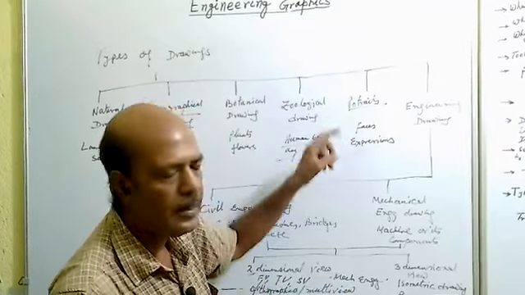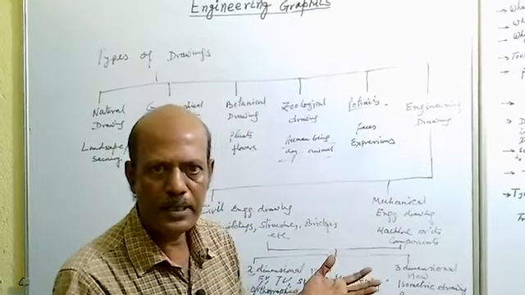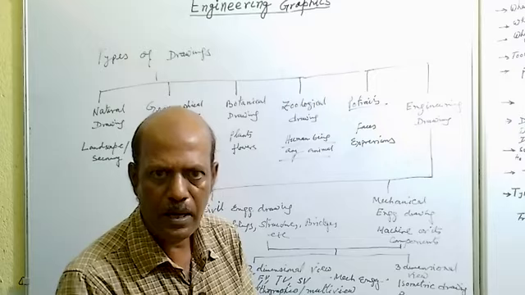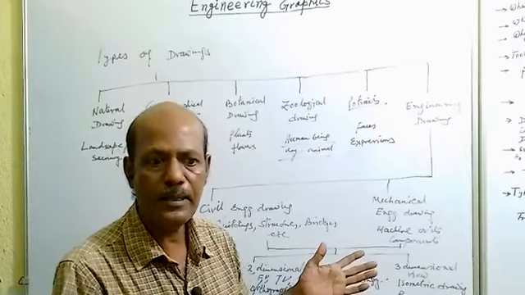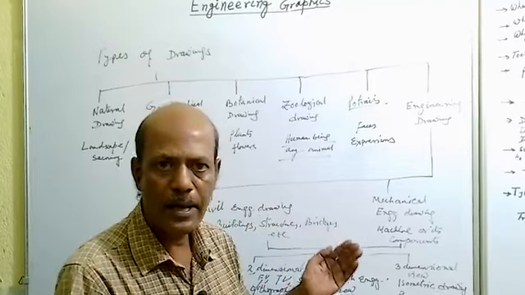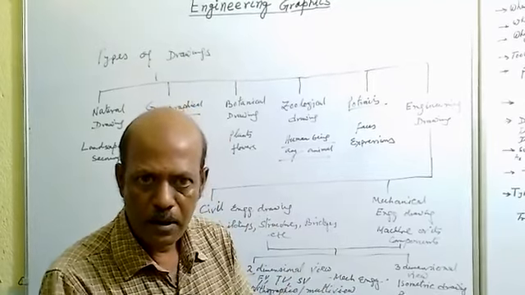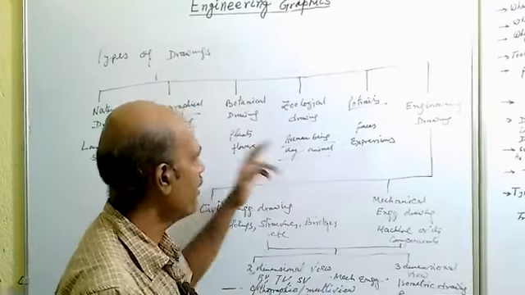Next is the portraits, that is the drawing of human faces and expression of faces comes under this. And lastly, the engineering drawing: the presentation of an object on a sheet of paper as per its shape and size with the help of points, lines, curves and symbols is called engineering drawing.